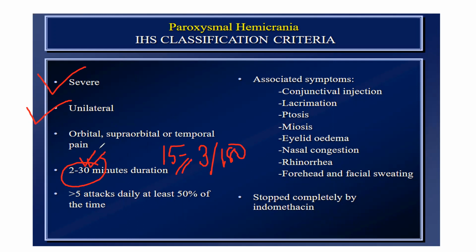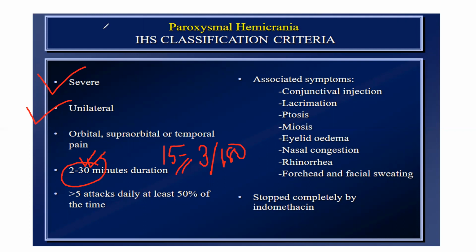In cluster headache, there will be one episode in 1 to 2 days. In the rarest cases it could be 7 to 8 episodes in a day, but that is rare. In most cases there will be 1 to 2 episodes in a day. But in paroxysmal hemicrania, there must be more than 5 episodes in a day. Sometimes it could be 5 to 50 episodes or 20 episodes in a day.